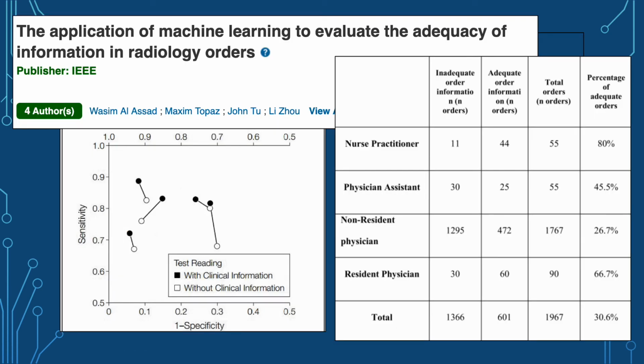Assad et al. utilized a very similar approach to how we made our spam filter with the naive Bayes algorithm to create a model capable of delineating radiology requisitions that contained insufficient amounts of clinical information to accurately protocol.